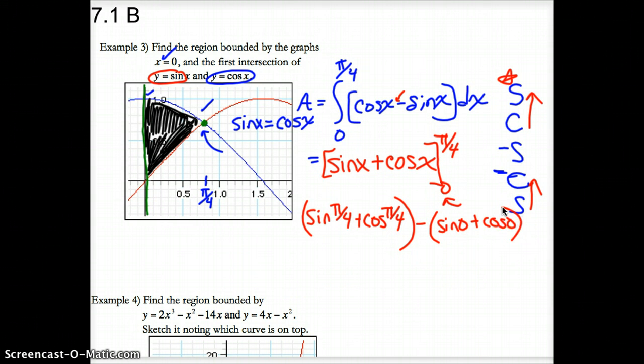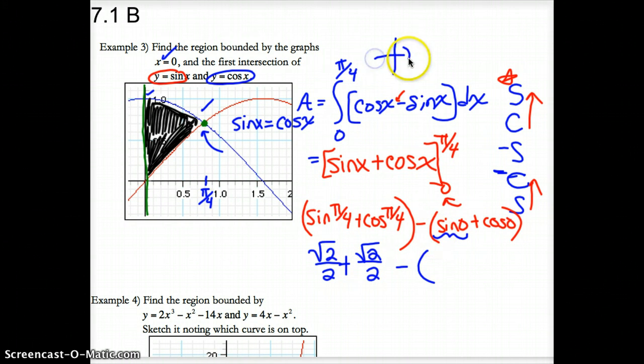And this is where people often make a lot of sign errors, so I wouldn't skip any steps. The sine of pi over 4 is root 2 over 2, as is its cosine, minus sine 0 is the y value at 0, which is 0, right? Plus cosine 0 is actually 1. So that's what I've got going here.